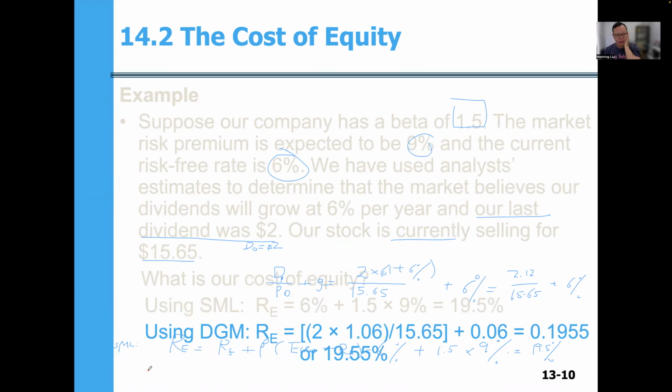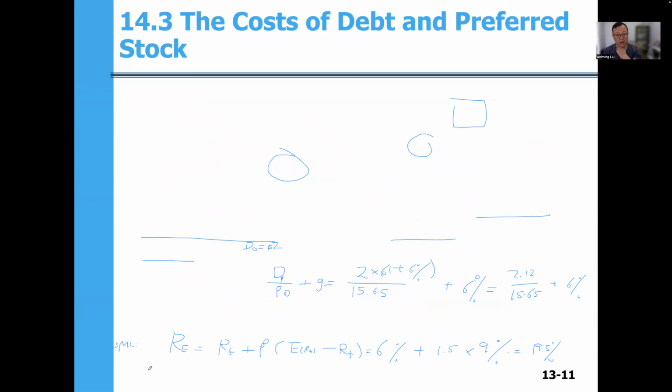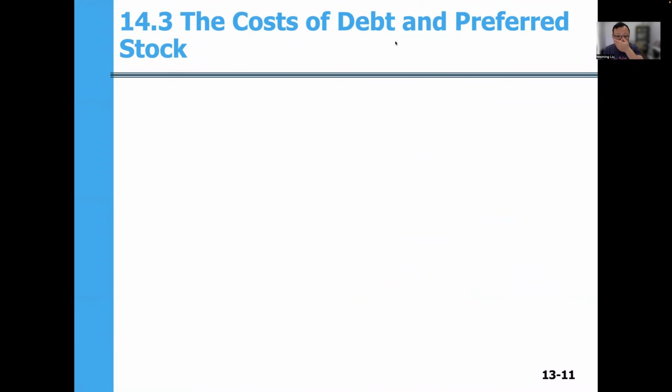If you use DGM, the dividend growth model, it's 19.55%. So you can see when you compare the two, one method leads to a result of 19.5, the other one leads to 19.55. So it's pretty close, good estimate.